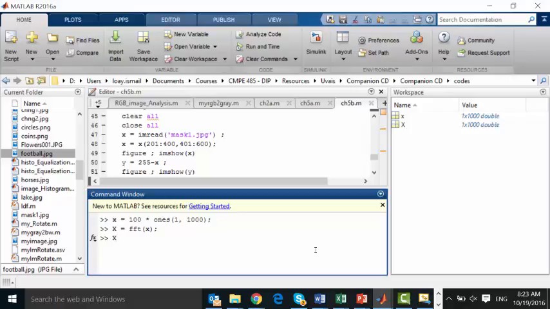Here you will find that the 0 frequency corresponds to the element with index 1, right? Because the indices, as we have said before, in MATLAB start from 1. This value, if I want to normalize it in order to get information about what exactly the average is, I need to divide it by the number of elements in X. So here, as you can see, this is the average value, which is 100.